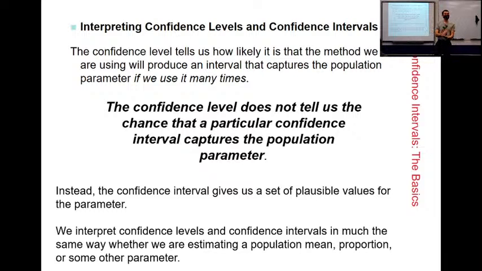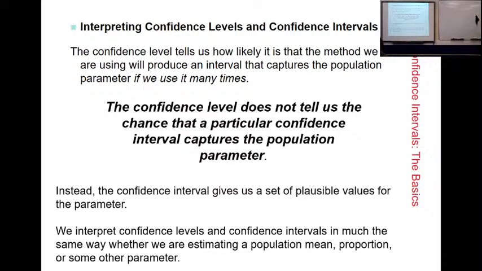If there's some population mean that we're trying to estimate as my target, if we take random samples and construct confidence intervals from those samples, that percentage of them will have the target inside of the confidence interval. So it is the percentage of all the confidence intervals I can make that hit that target, that will have the mean in it.